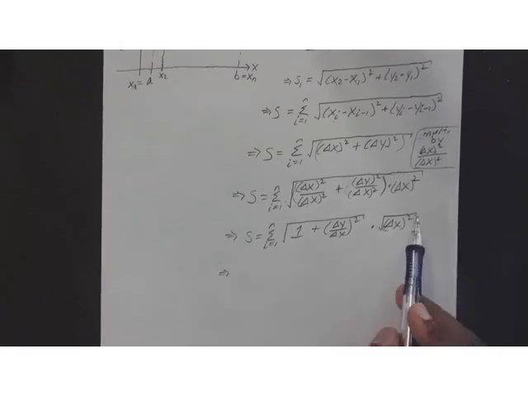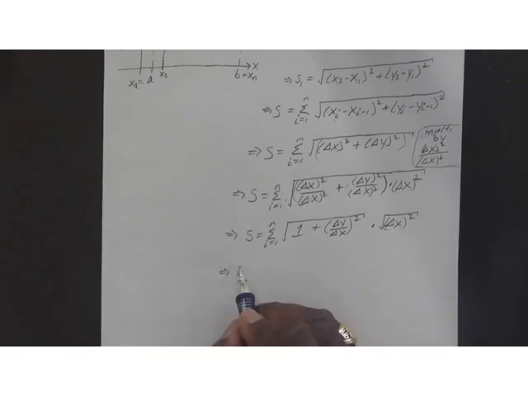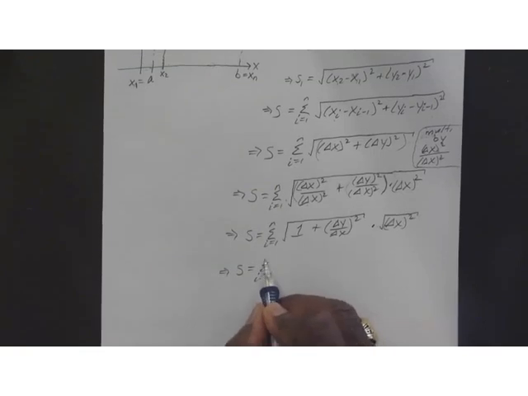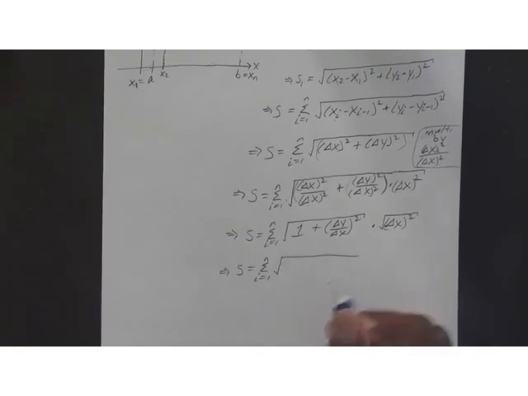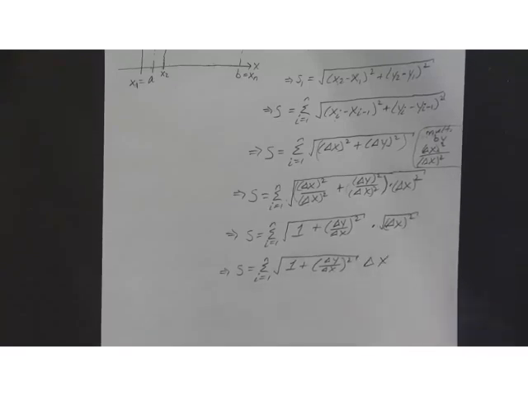Okay, well, the square root of delta x squared is just delta x because the square and the square root cancel each other out. So we have the sum from i equals 1 to n, square root of 1 plus delta y divided by delta x squared, times delta x.